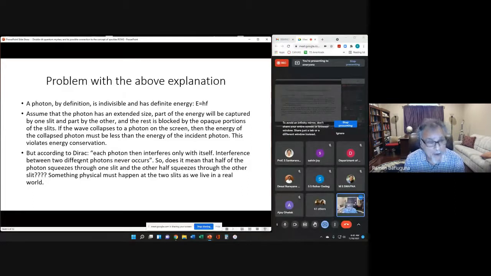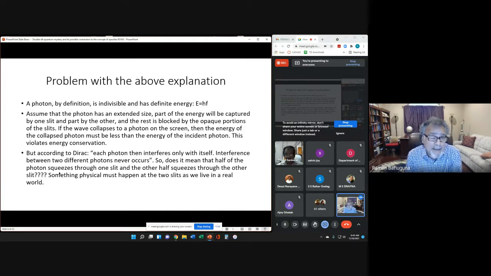Right. Now, according to Dirac, each photon interferes only with itself. Interference between two different photons never occurs. He made this statement in his book on quantum mechanics. So does it mean that half of the photon squeezes through one slit and the other half squeezes through the other slit?